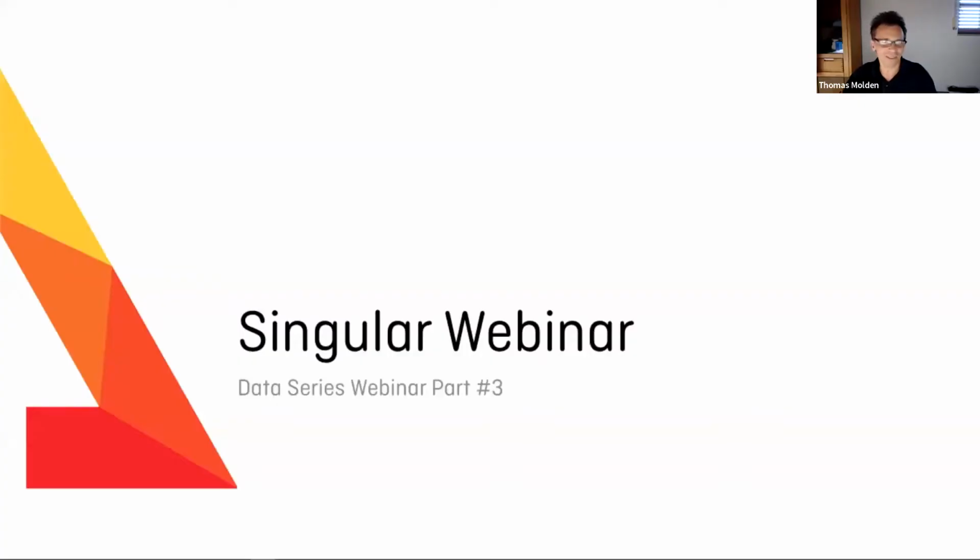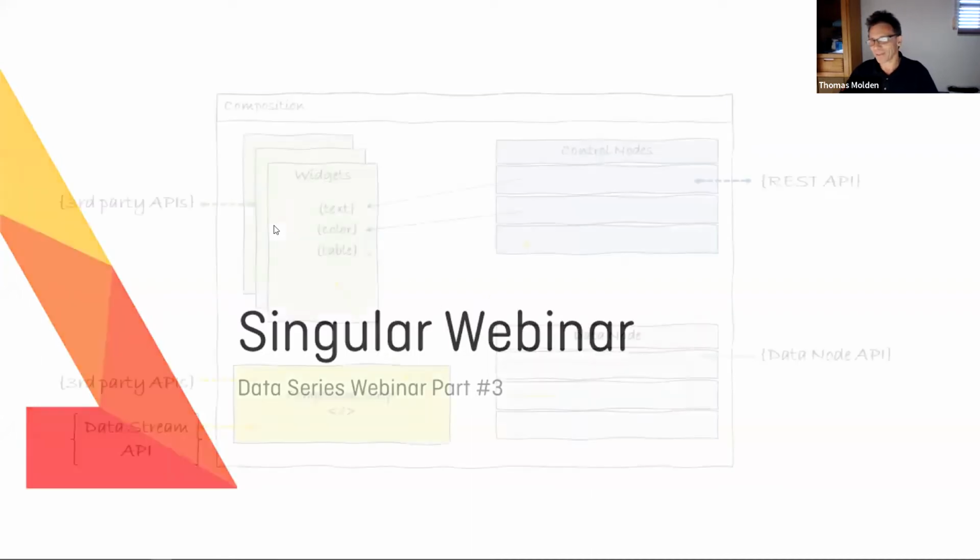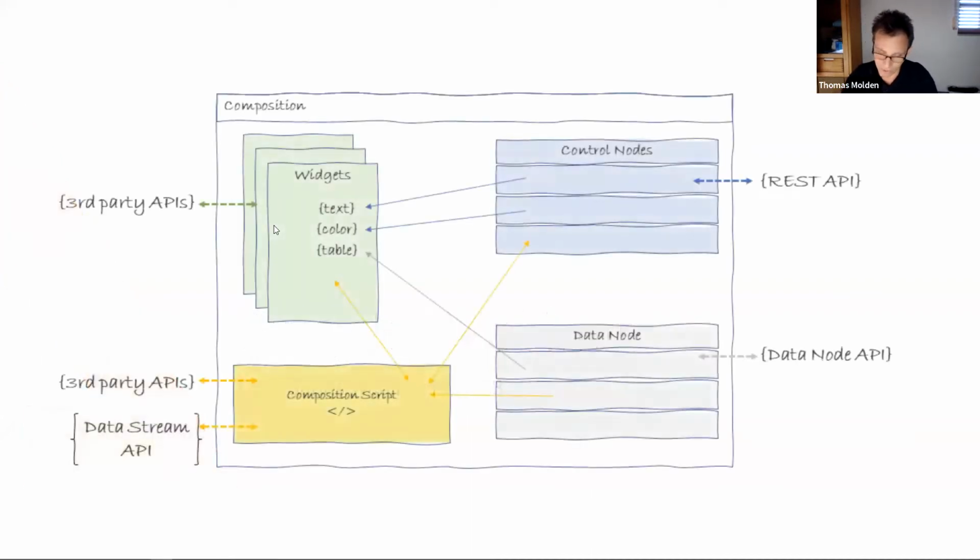Okay, let me share my screen and move this to the side. So let's do a quick recap, just a few slides of what we've done previously. When you build compositions with Singular, the basic building blocks are widgets and control nodes to connect the data to widget properties. You may have used data nodes and composition scripting before, and all of those four components have APIs or can reach out to APIs.